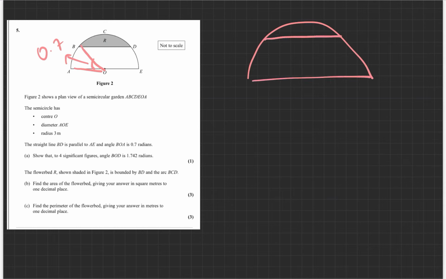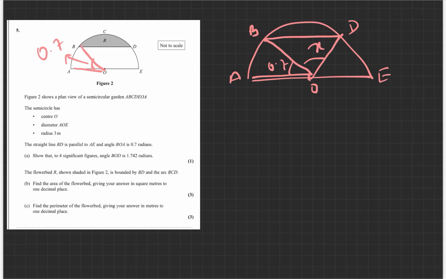Let's say this is BD, and this is AE, and we know that this is O. Now, we know that BOA is 0.7, and we want to find BOD. So this is what we want to find. We know 0.7 here.